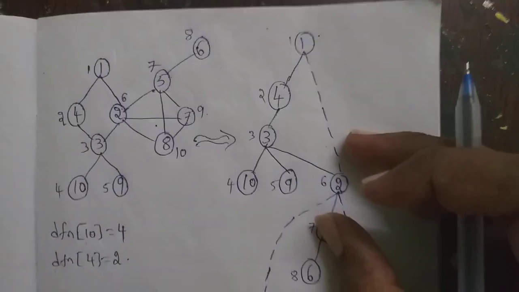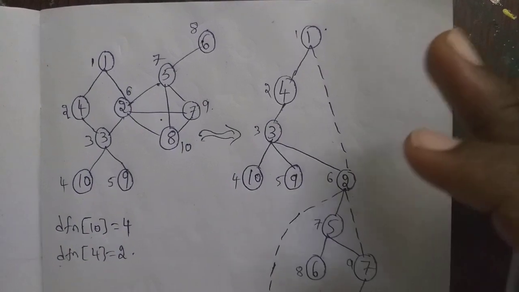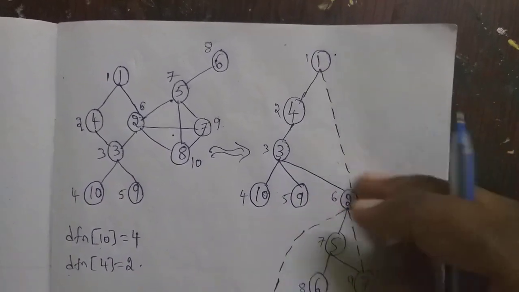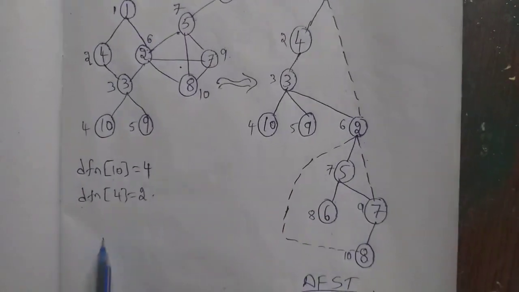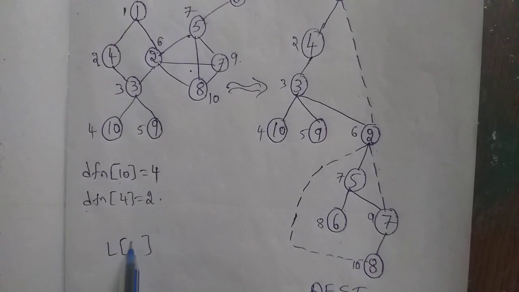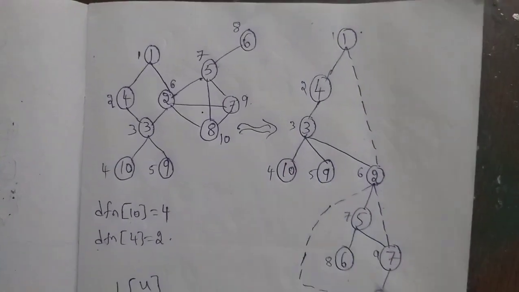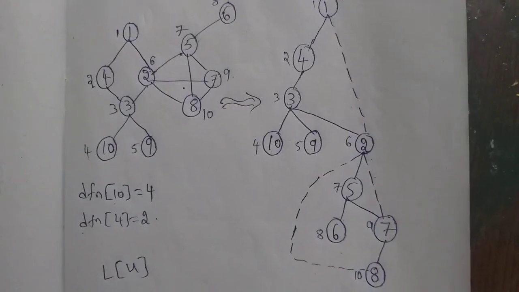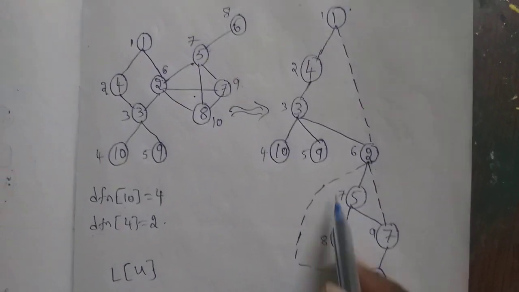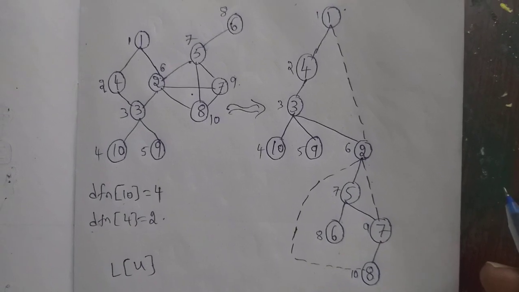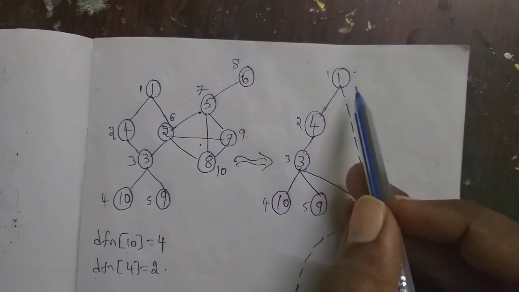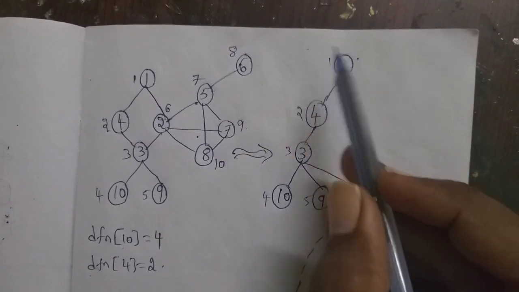Here we consider L values for each and every node. We calculate the L values of each node: L of 1, L of 4, L of 3. All these L values are required in order to find whether a vertex is an articulation point or not. But for the root node, we have separate consideration.